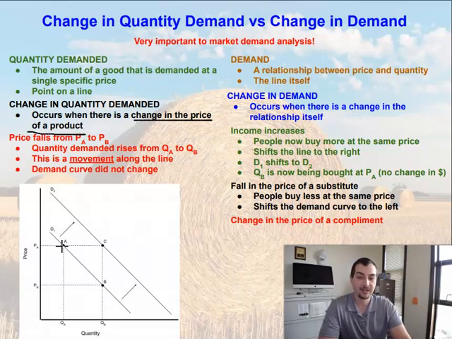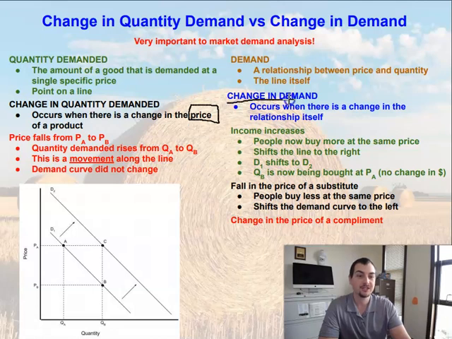So let's say, for example, price falls from PA to PB, and we see quantity increases from QA to QB. This movement along the line from point A to point B is a change in the quantity demanded, and it changed because price fell. If there is a change in the price of the good, it is a change in the quantity demanded.